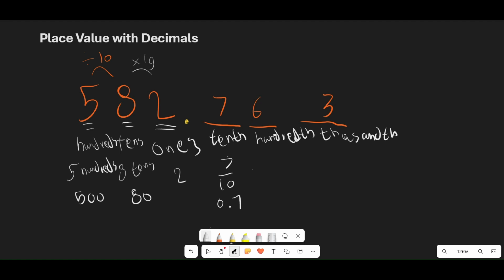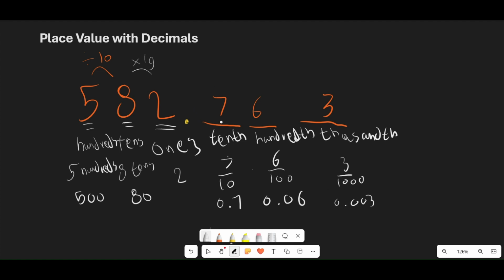Here the 6 represents 6 hundredths, which is 6 over 100 or 0.06. Here the 3 represents 3 thousandths, which is 3 over 1,000 or 0.003. So this is the whole place value.